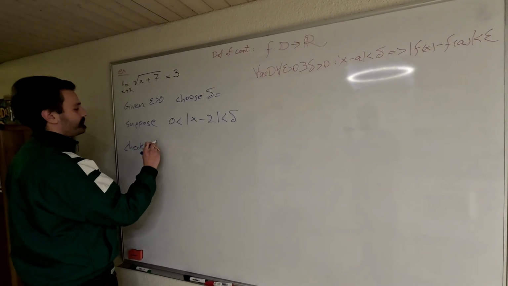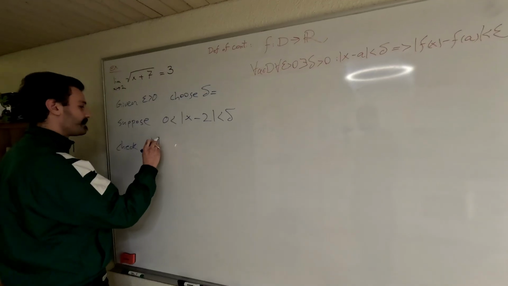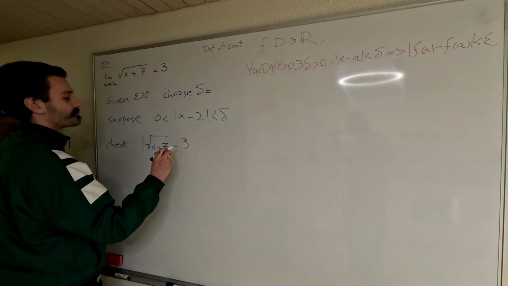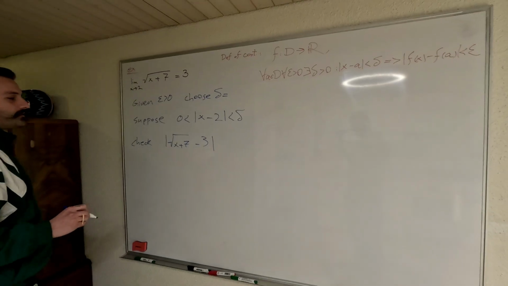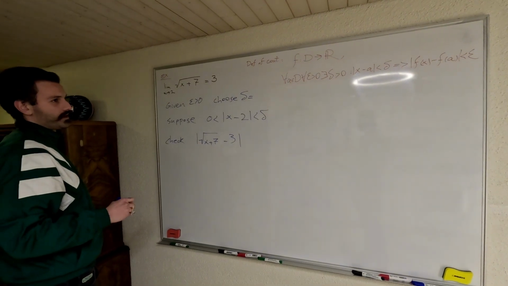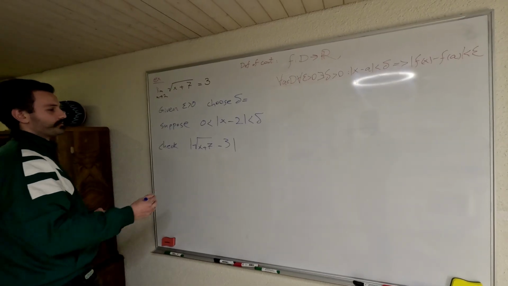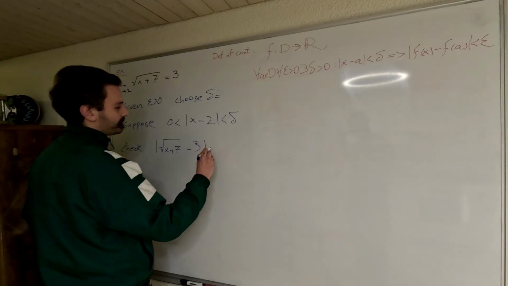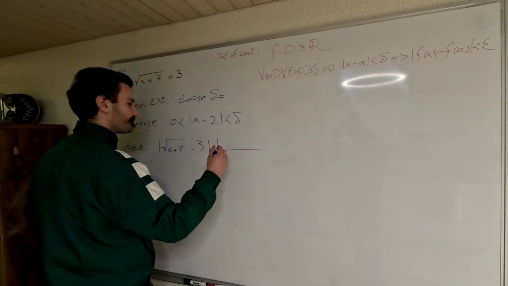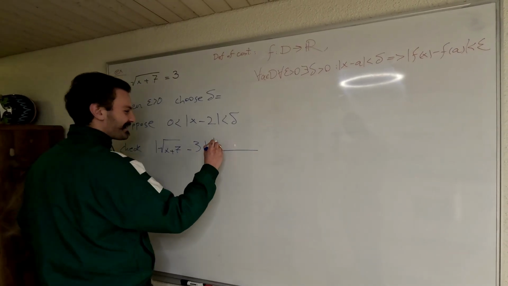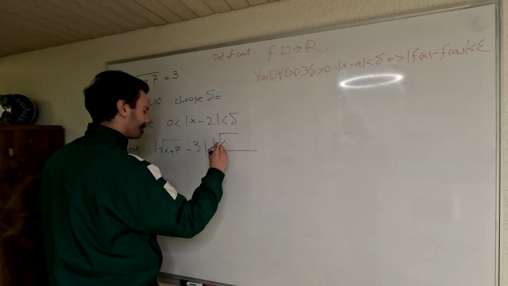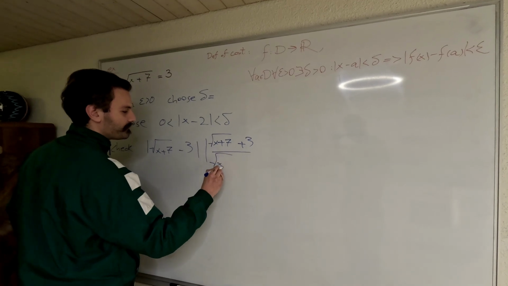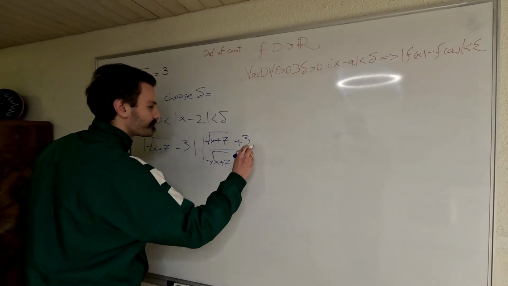And then we plug in the functions, and we have the absolute value of the square root of x plus 7 minus 3. The trick to come up with an estimation is to multiply this by its conjugate. So we have a fraction with the conjugate, the square root of x plus 7 plus 3, and also the same in the denominator, in absolute value.